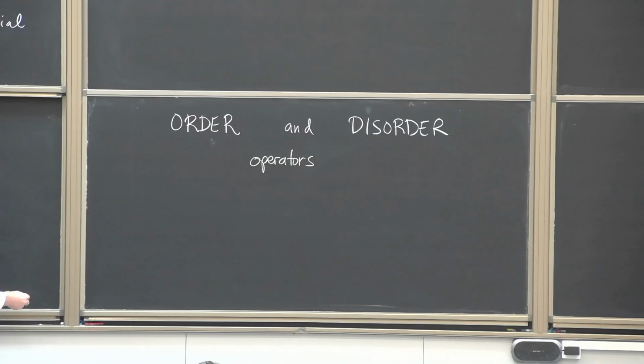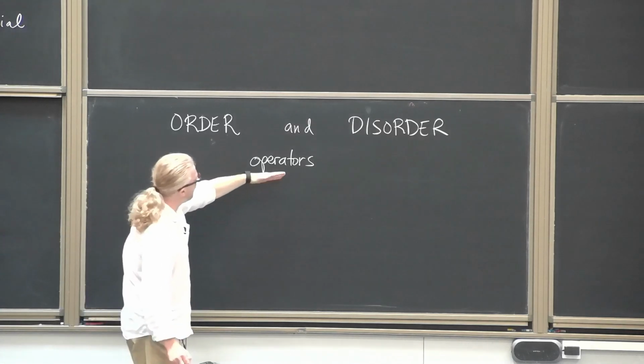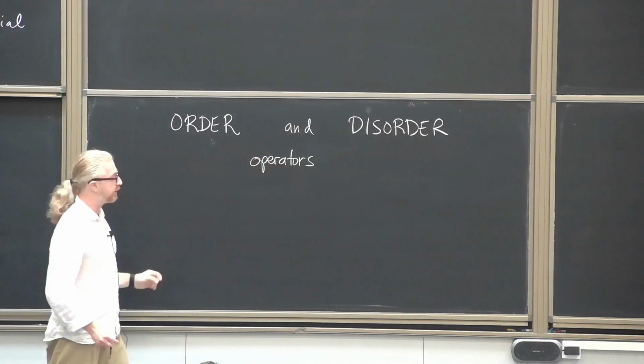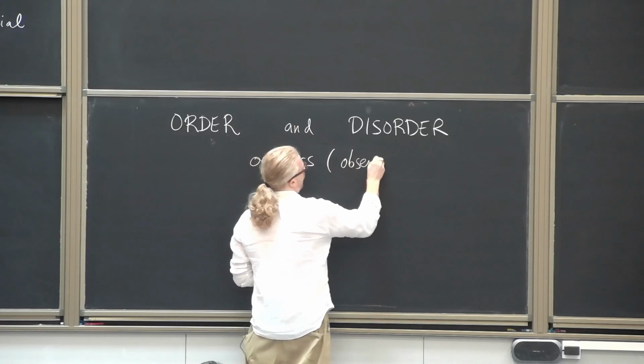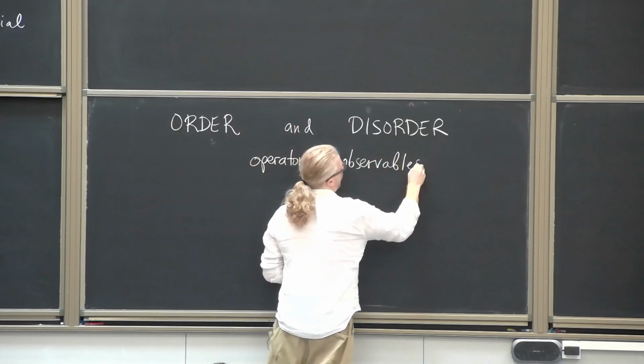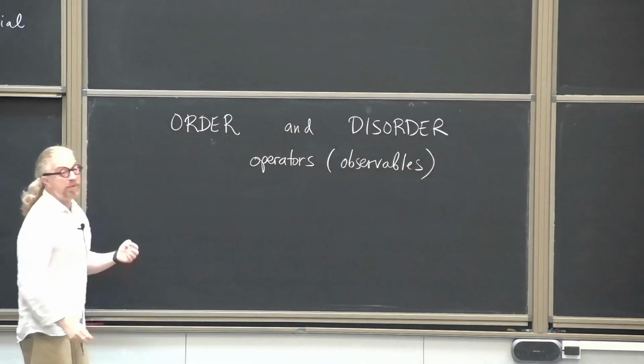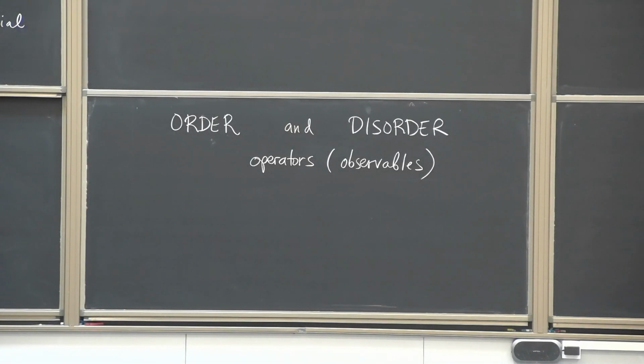And so then everything indeed has interpretation in terms of operators, but here I'm talking about operators in a physical sense. They should really be called observables in the sense of probability theory, complexified probability theory.